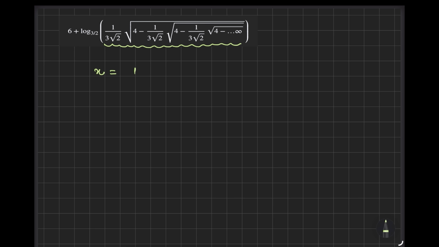So look at what I'm writing: 1 by 3 root 2 root 4 minus 1 by 3 root 2 root 4 minus 1 by 3 root 2 dot till infinity.